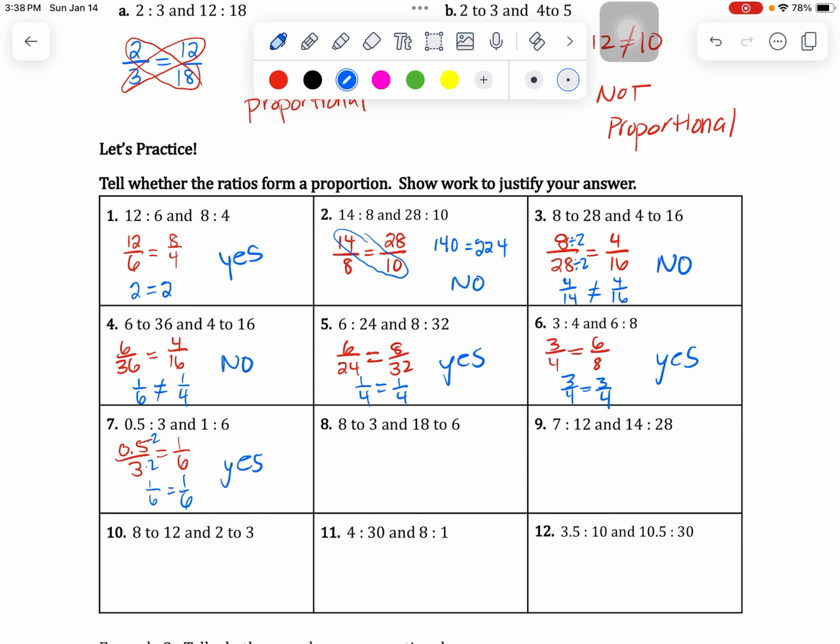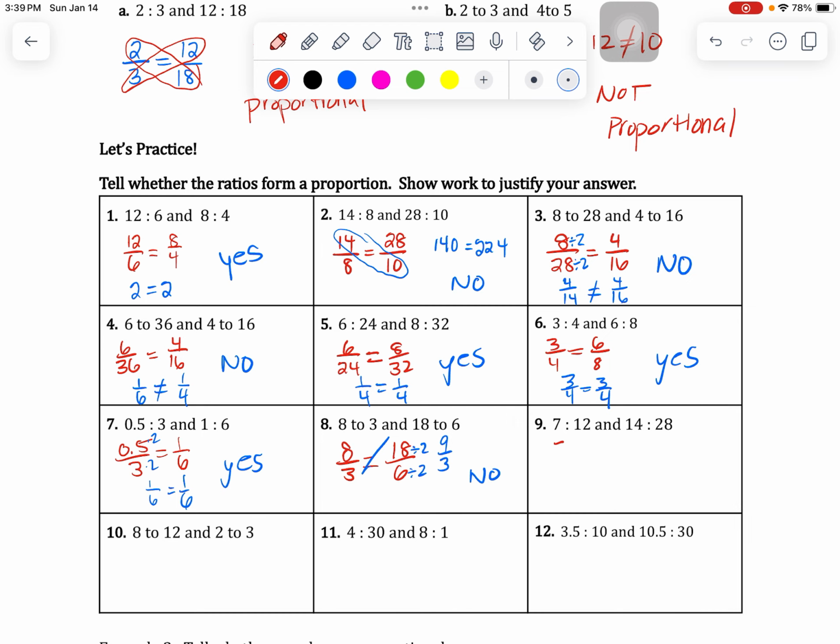So that is proportional. Number 8, 8 over 3 equals 18 over 6. This one is not proportional because if I divided by 2, I would get 9 over 3, right? And that is not equal, so that is not proportional.